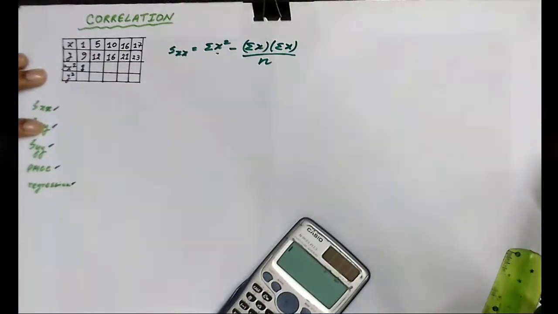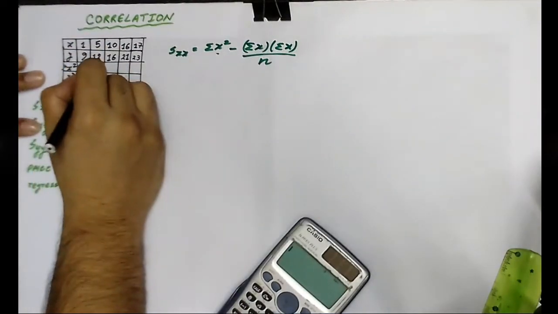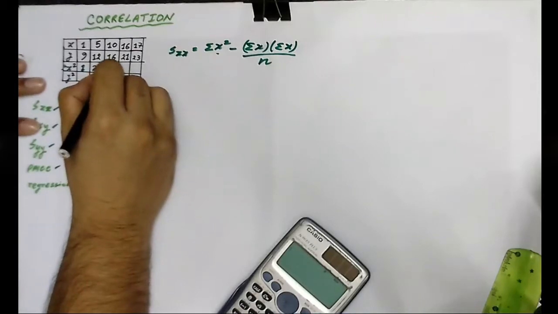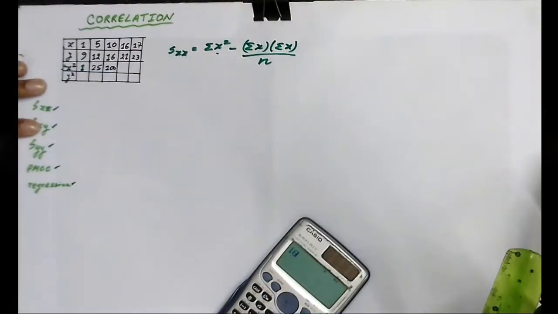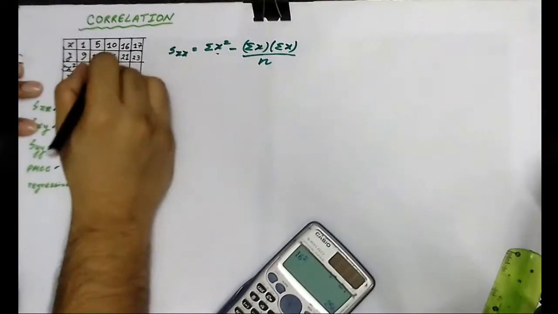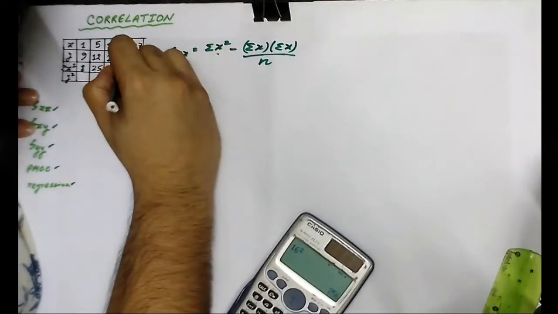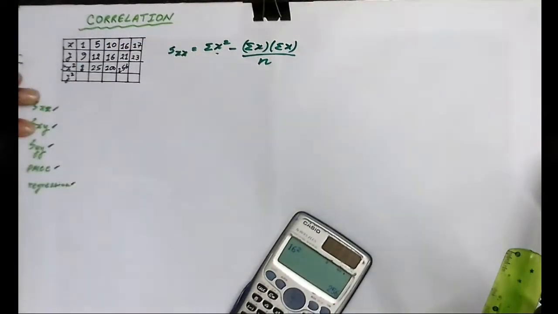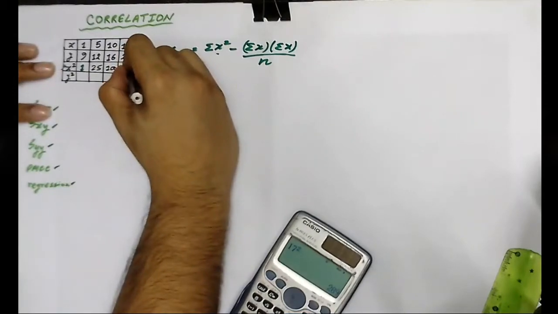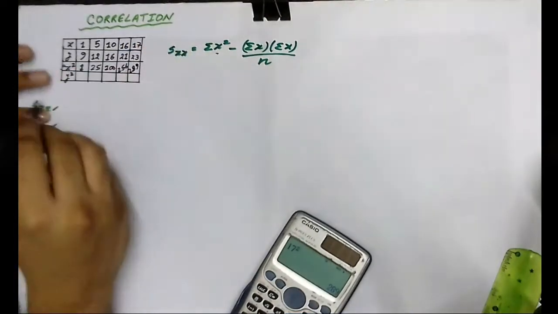Now, in the x square column, we will just square all the x data and fill them up in the table. And in the y column, we will just square the y data and fill them up.